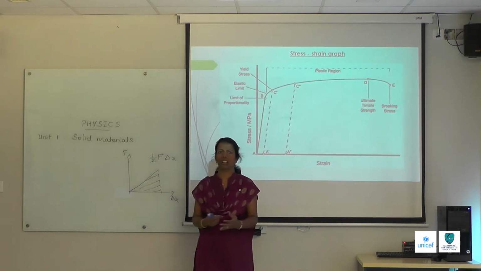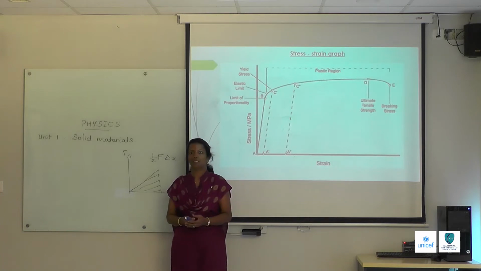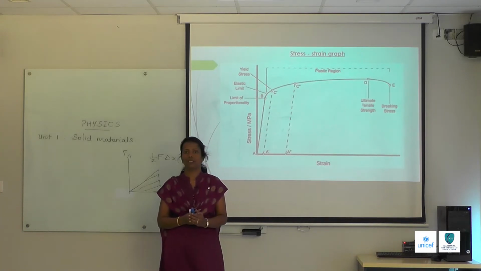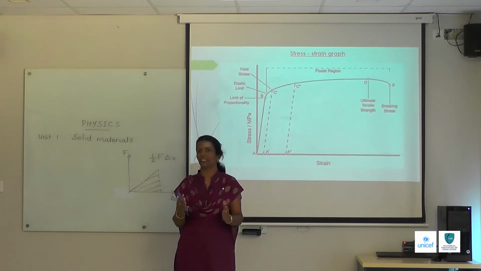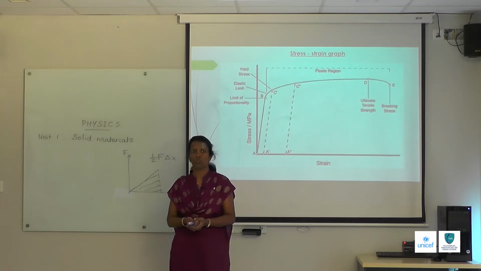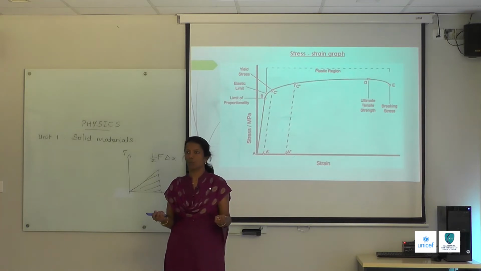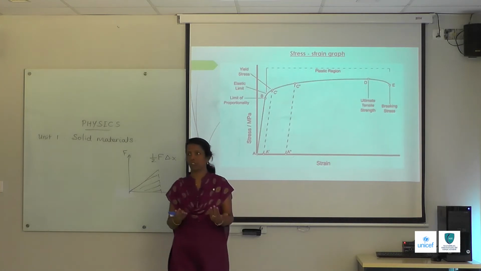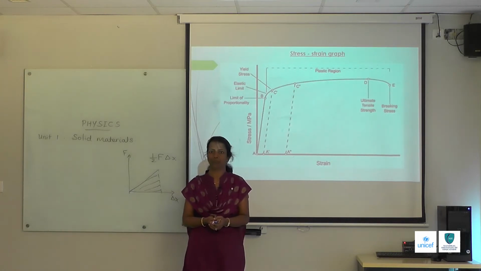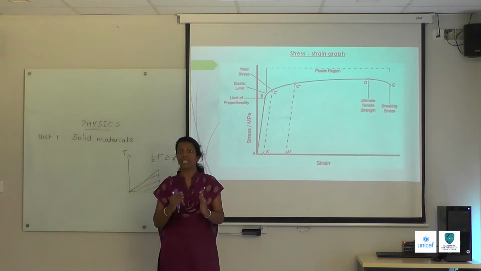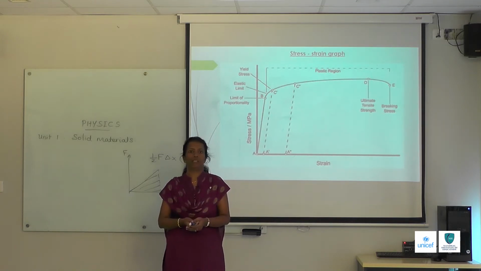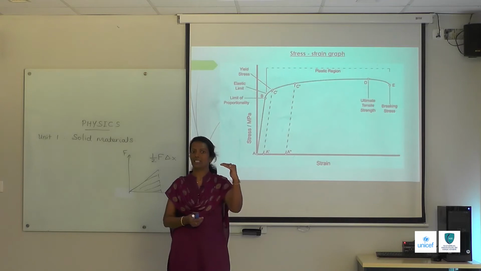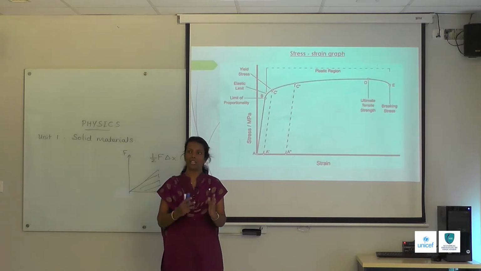So, what is this elastic deformation? Elastic deformation means the material undergoes change in length when it is subjected to force, but when the force is removed, it regains or comes back to its original, and that is what we call elastic deformation. But when a material is stretched beyond elastic limit, it reaches a point, what we call the yield point.